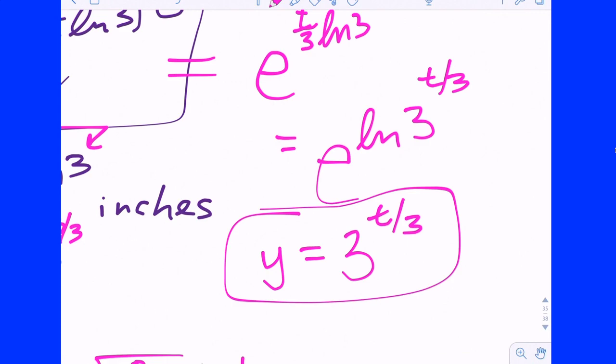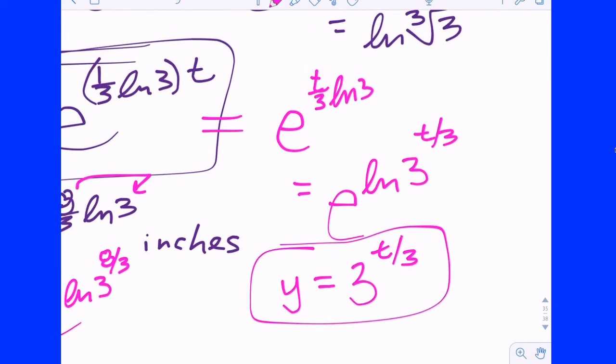Once you had this, if you needed to go backwards to the e version, you would have to say that that's the same as e to the natural log of blob, and then manipulate it. So just be aware of that. You can write any exponential function as base e, but sometimes it's a little bit easier for actually using it to write it in terms of some simplified base.